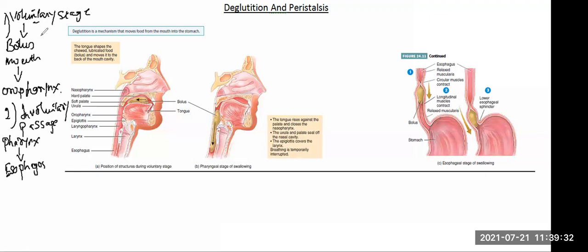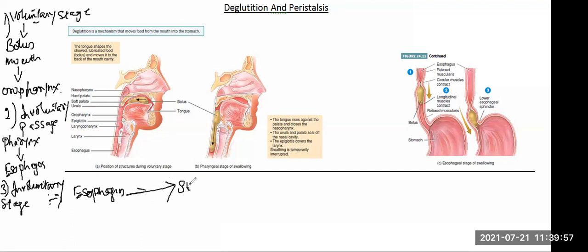The third is again an involuntary stage, when the food is moved from the esophagus to your stomach.